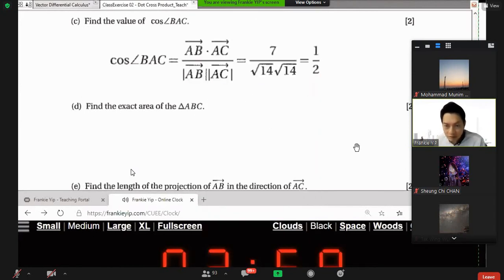Okay, let's get started. I think the last part is much more difficult because the length of projection involves the previous chapter 6 question.